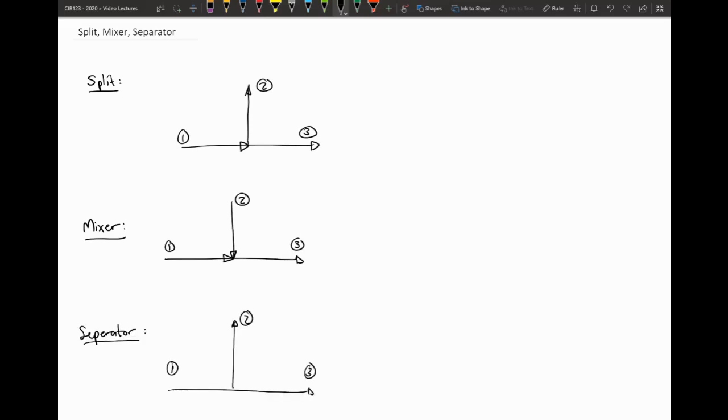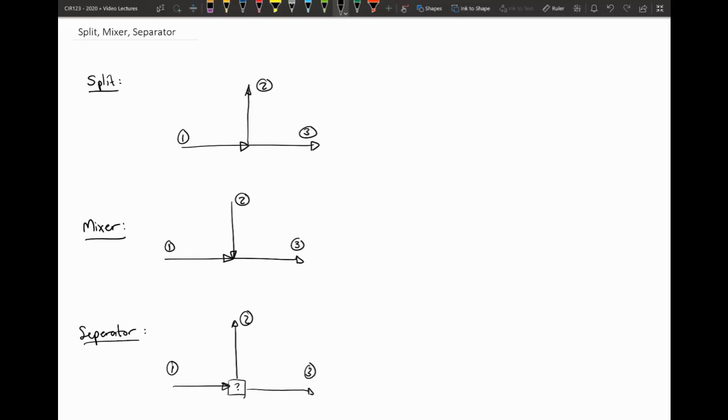A separator, however, looks exactly the same as a split, but there's a twist. Because a separator sits at that point where the three streams come together or split from, stream 1 is split into stream 2 and 3 correctly, but something is happening at that node which changes the composition for stream 2 and 3, in such a way that the separator removes some stuff from stream 1, which it deposits into stream 3, and some stuff from stream 1, which it deposits in stream 2.